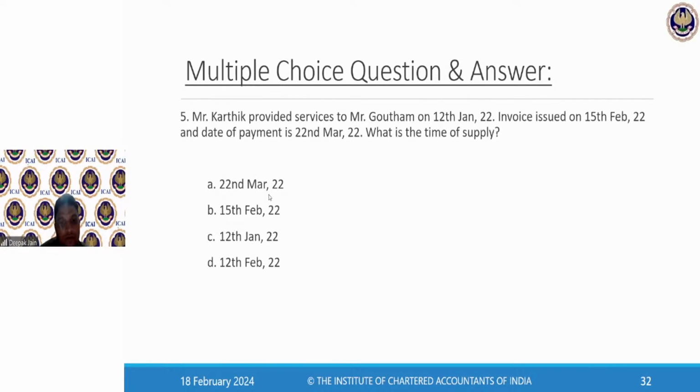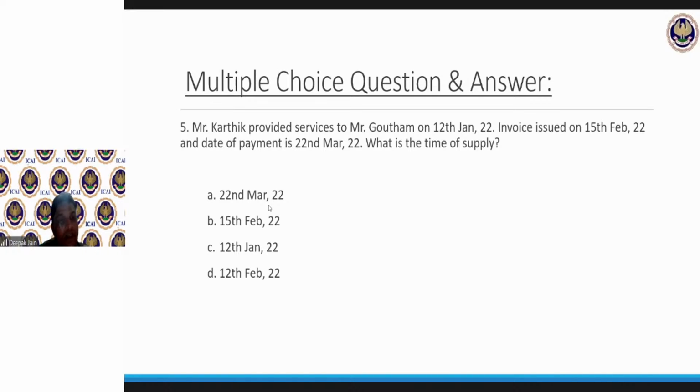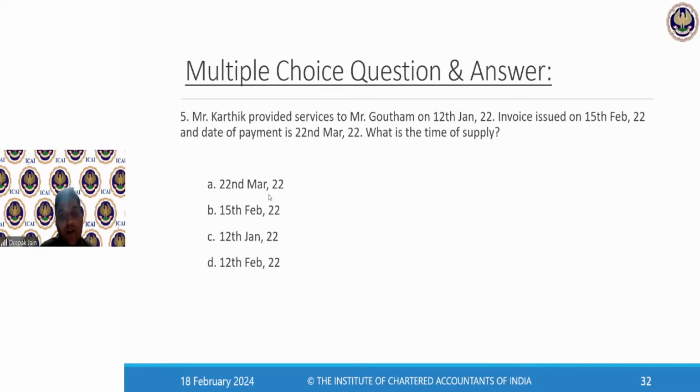5B. Why are people saying it's 5B? Because the invoice is issued on 15th February. Time of supply for services is the date of invoice if you raise an invoice within 30 days from the date of completion of service. The service was completed on 12th Jan, and the invoice should be issued within 30 days, by 11th Feb.